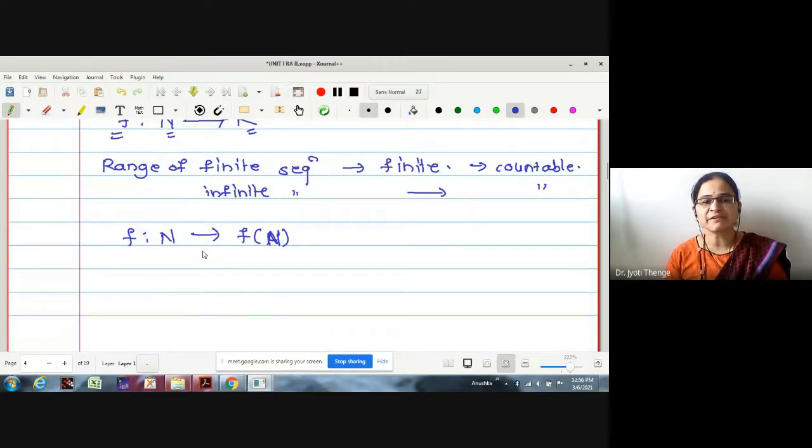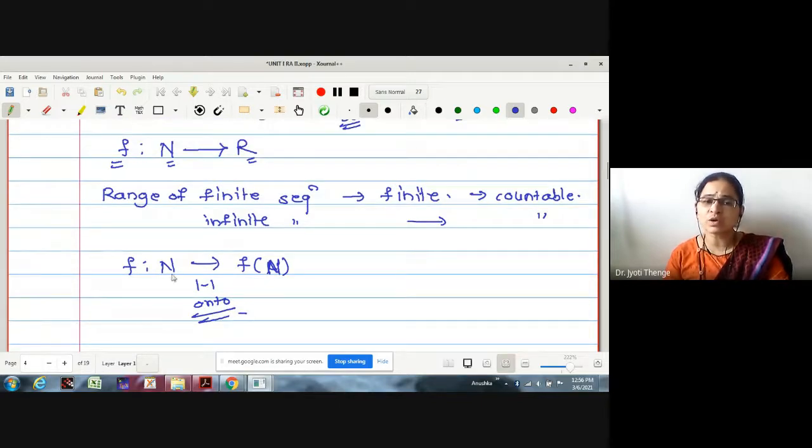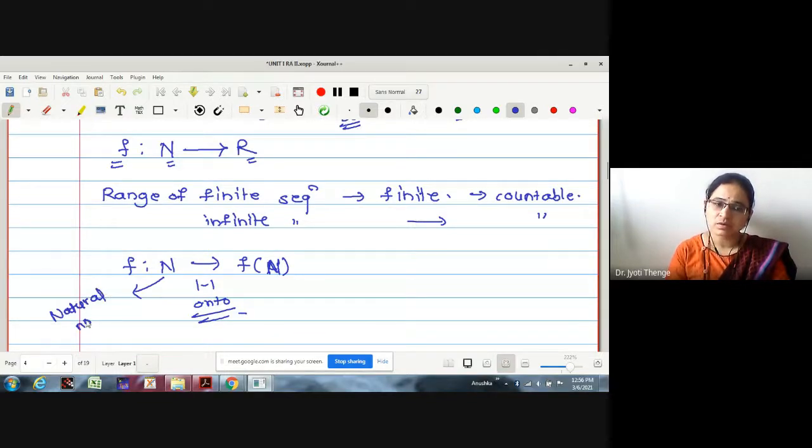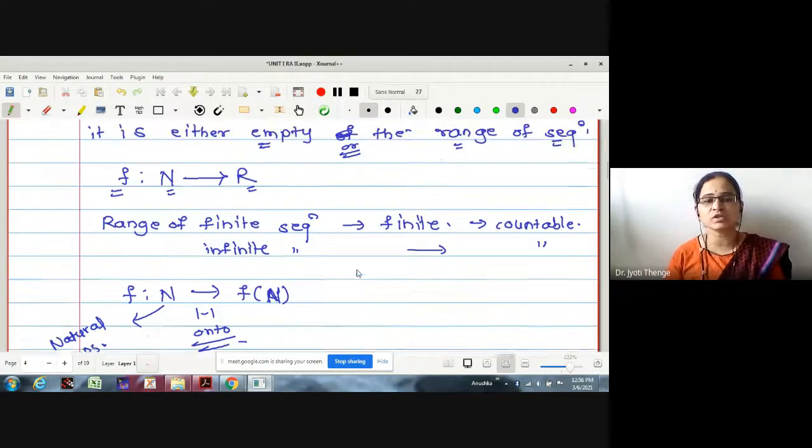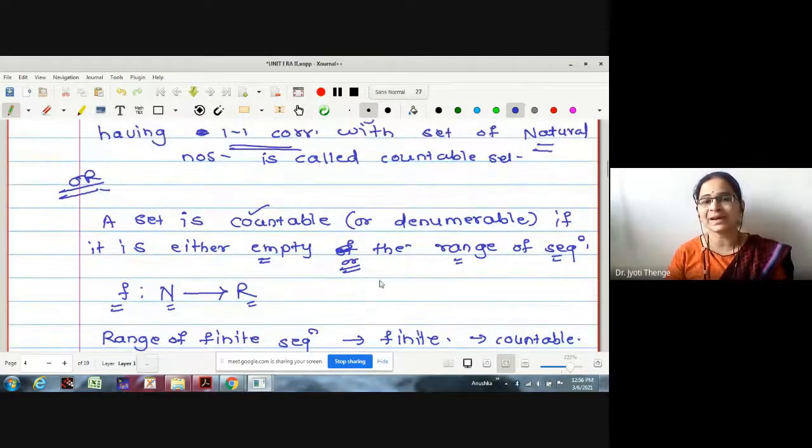Then if I consider the function like this, may I say this function gives me one-one ontoness? Yes, one-one, ma'am. And this one-one ontoness is with which set? With the set of natural numbers. Therefore, either you call this the range of a sequence, or you call it a one-one correspondence with the natural numbers, one and the same thing.